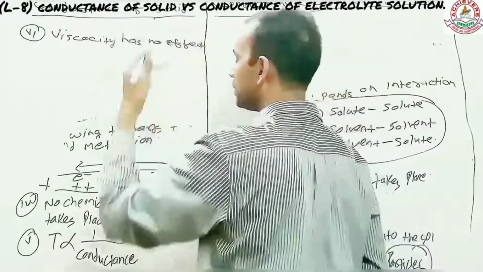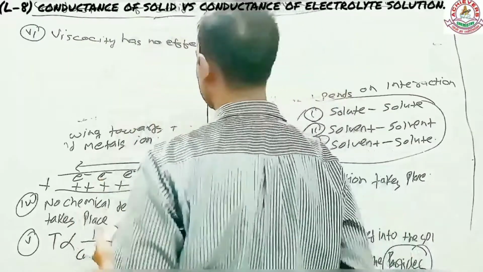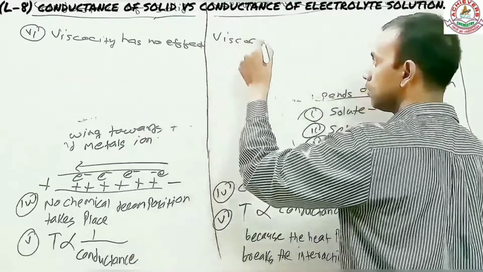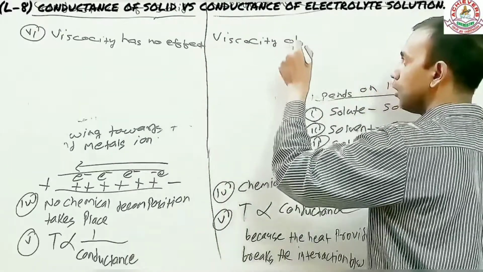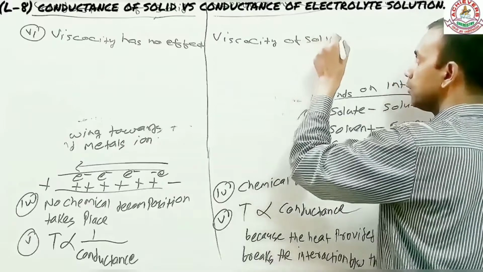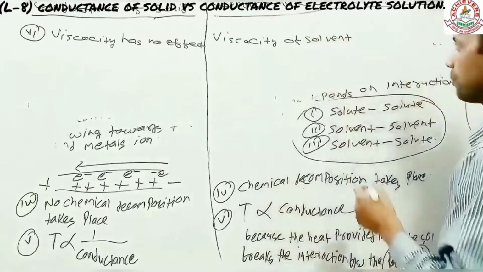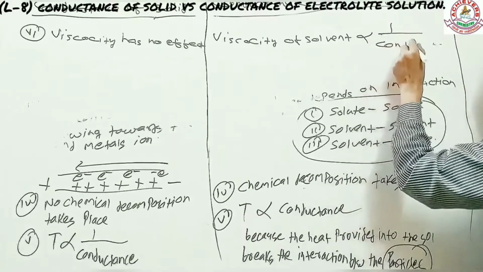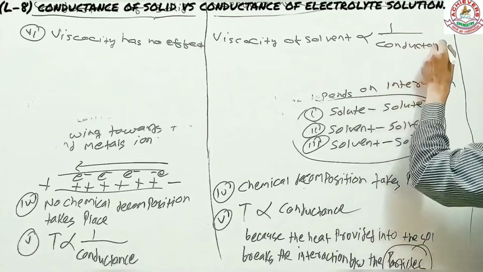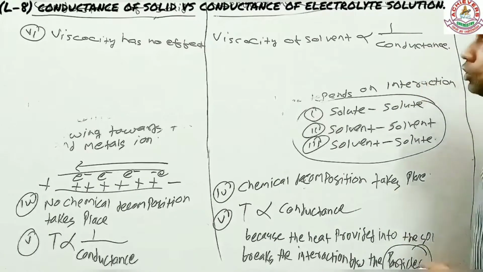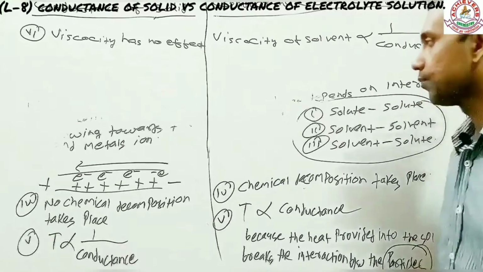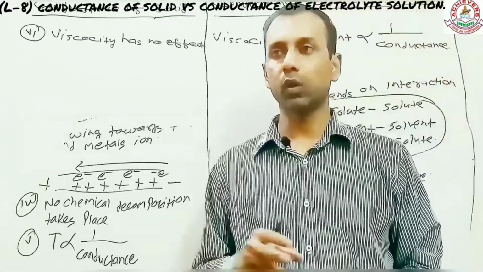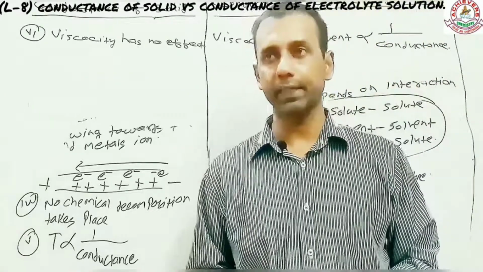Why? Because a solid doesn't have viscosity, solid is not like a liquid. But there, viscosity of solvent is inversely proportional to conductance. So these are some of the factors that decide the conductance of solid and conductance of electrolytic solution.